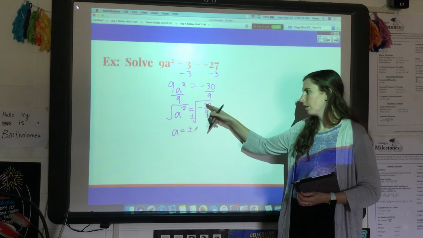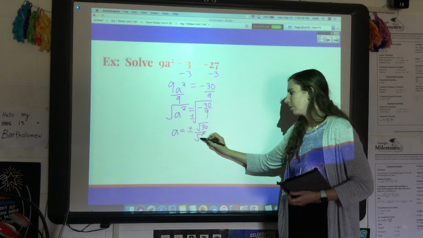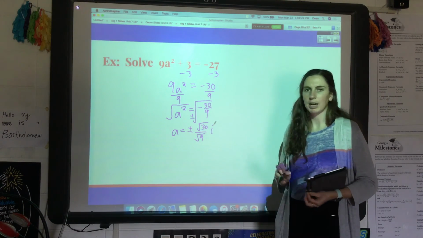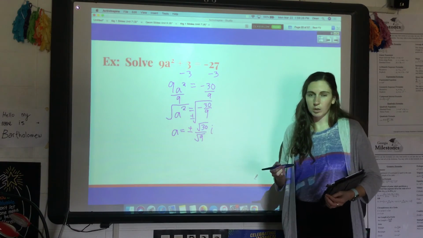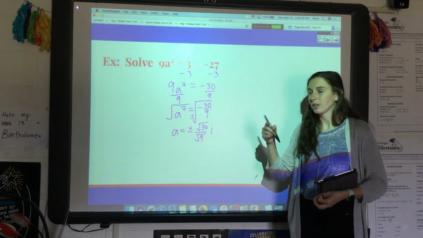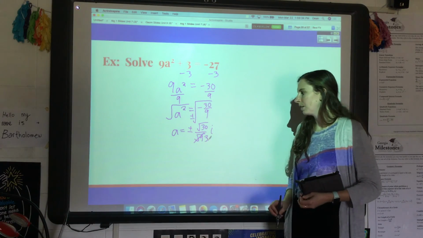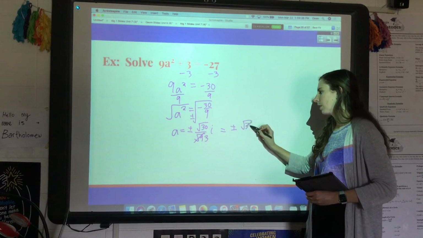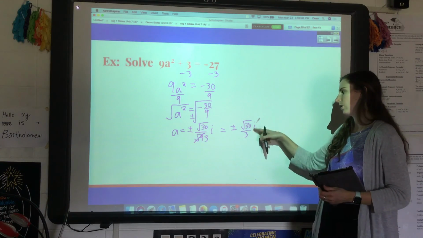First of all, square root of 30 and square root of 9 can be separated, and because of the negative, this is i, it's imaginary. Square root of 30 doesn't square root, it doesn't even break down by any perfect squares, but square root of 9 is just 3. So my final answer is plus or minus square root of 30 over 3i. The i goes on top, or it can go just kind of out to the side.